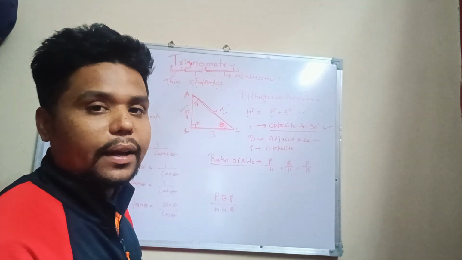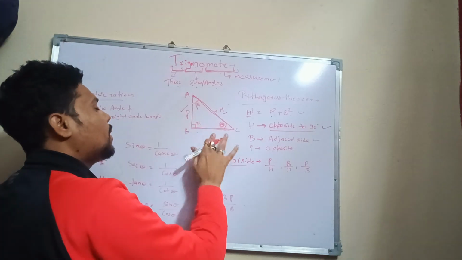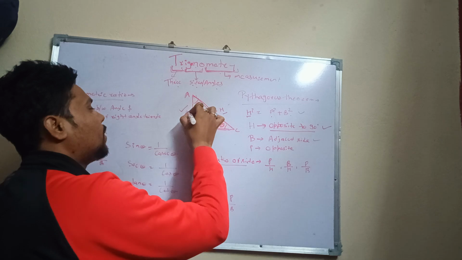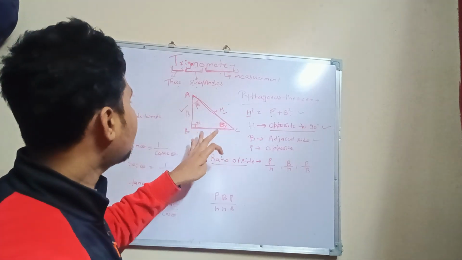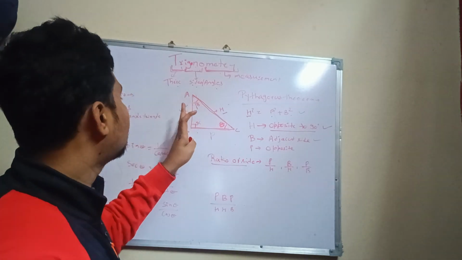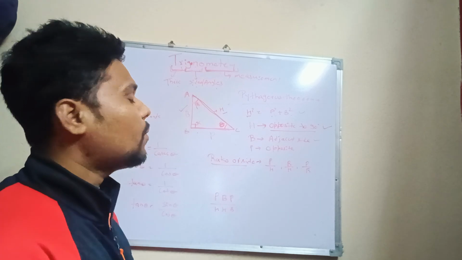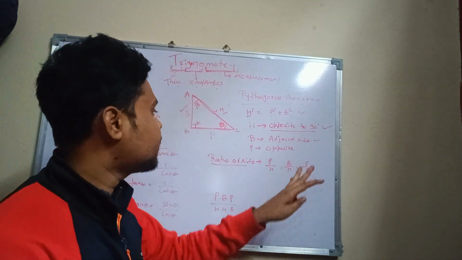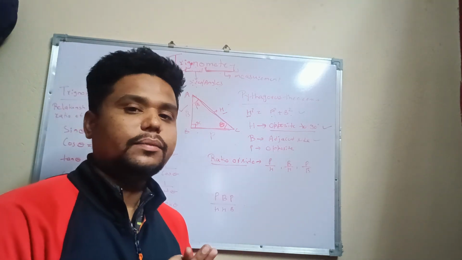So for beta, our perpendicular will become BC and our base will become AB, because BC is opposite to beta and AB is adjacent to beta. So perpendicular is the side opposite to the angle, and base is the adjacent side of the angle.